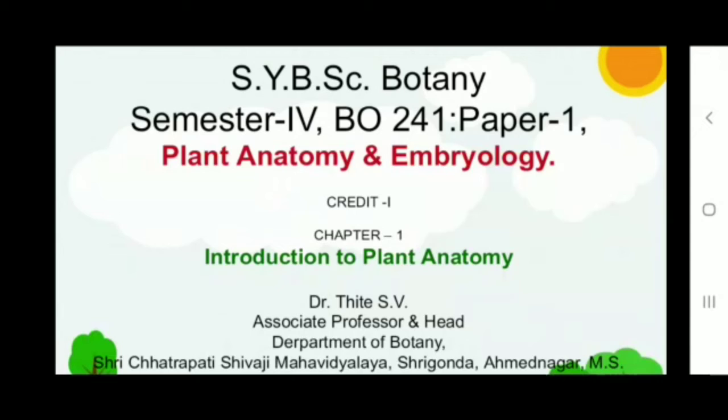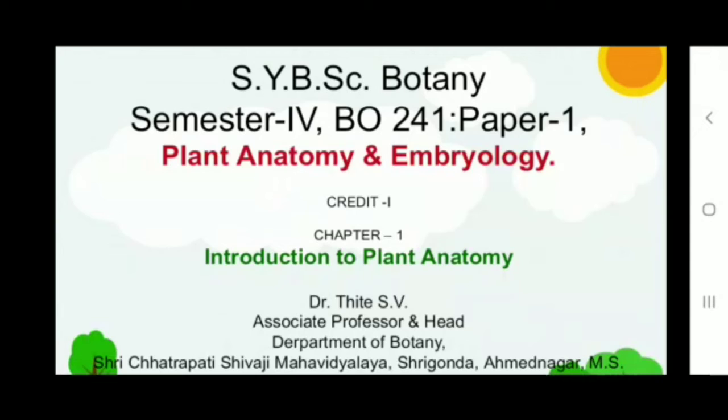Then Carl von Nageli, 1817 to 1891, worked on developmental aspects, particularly on primary and secondary meristems and the cellular details of xylem and phloem. He is called the founder of modern plant anatomy.